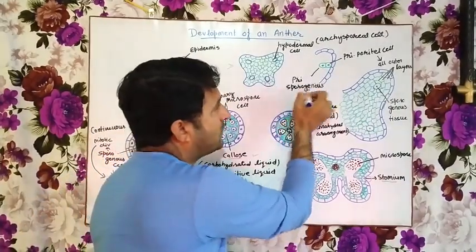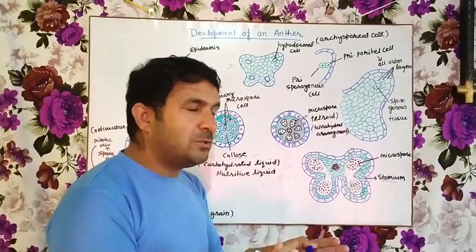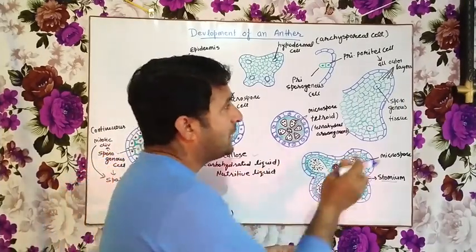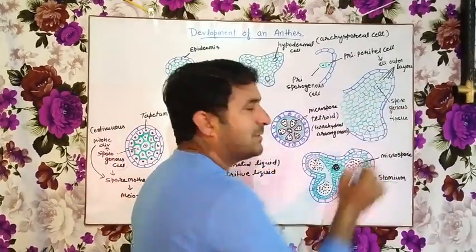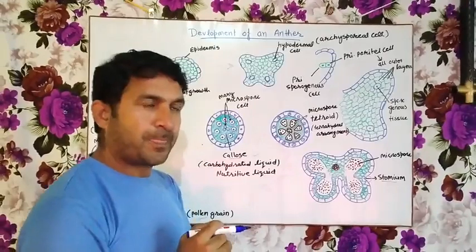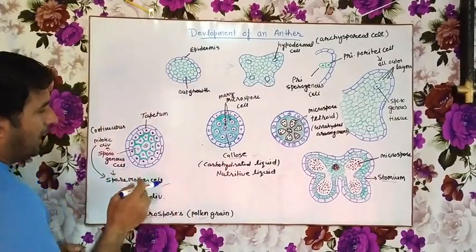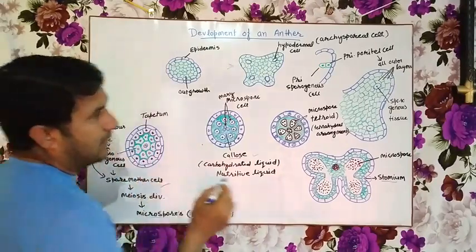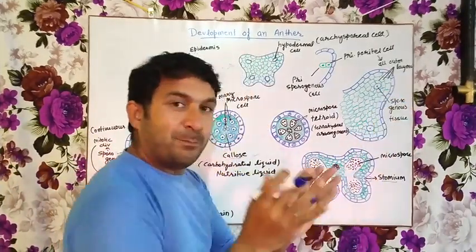So earlier it was the primary sporogenous cell, and after multiplication by mitotic division, now it is a group of sporogenous cells which is called the sporogenous tissue. Okay. Now after this you can see the development takes place in the sporogenous tissue.